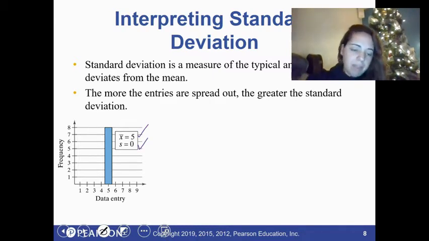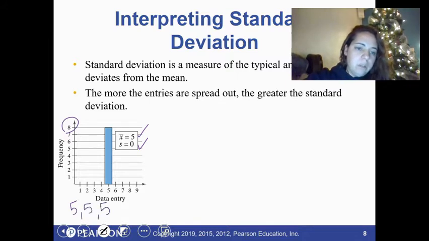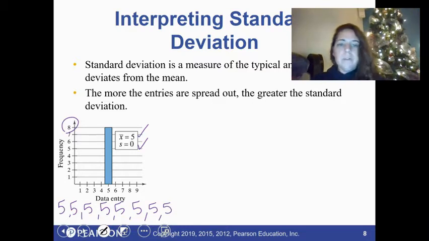When you look at the graph, that seems obvious. All the answers are 5. There's 8 answers, and they're all 5. So 1, 2, 3, 4, 5, 6, 7, 8, right? If we wrote down all the data, it would just be a bunch of 5s. It'd be 8 of them. So that's not spread out at all, right?